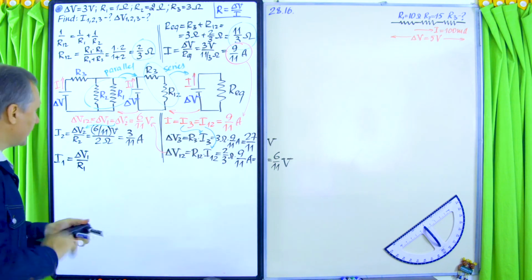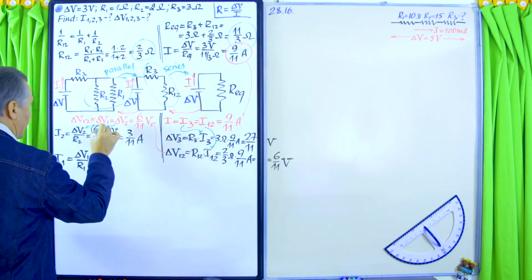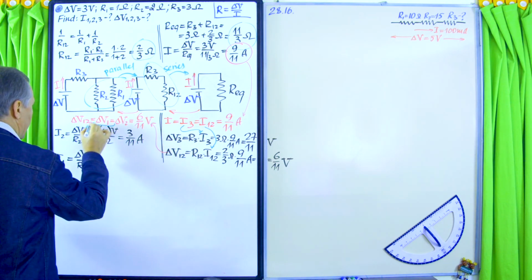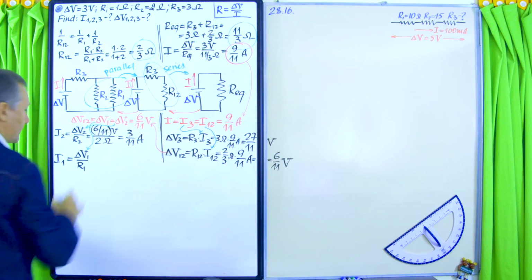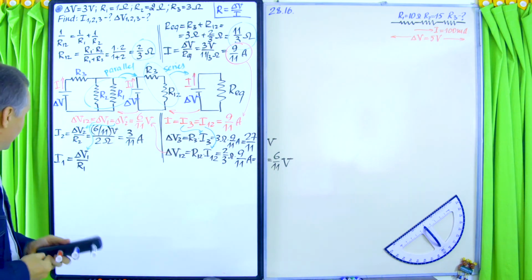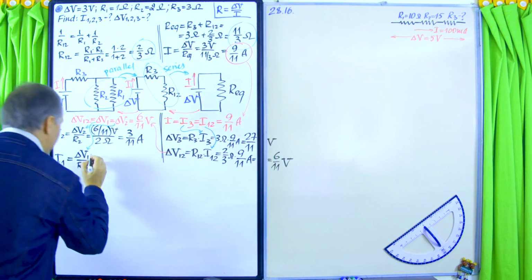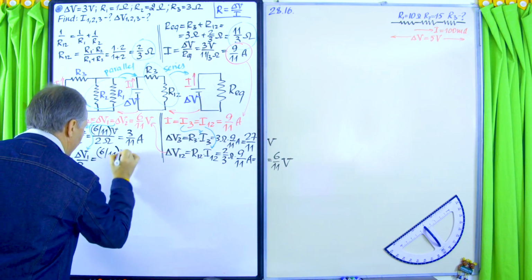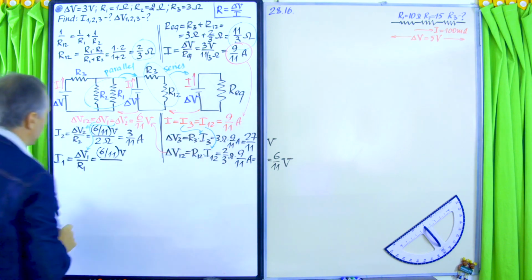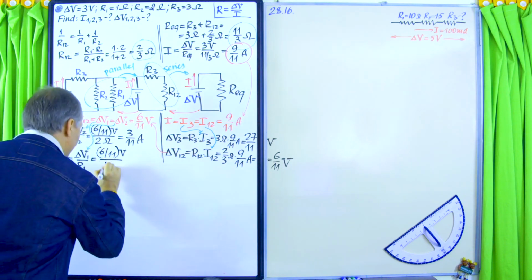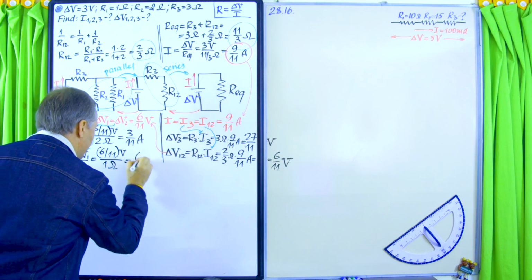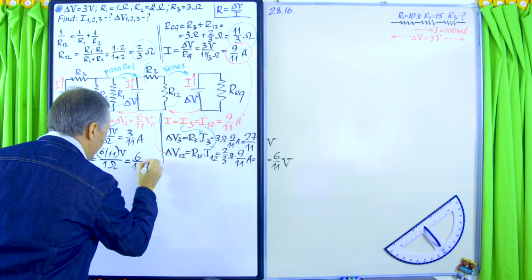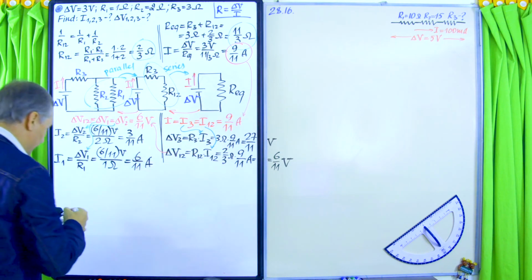And again, delta V1 comes from the bridge, and the value is here. So 6/11 volts divided by 1 ohm. So it will be 6/11 amps. Okay, done.